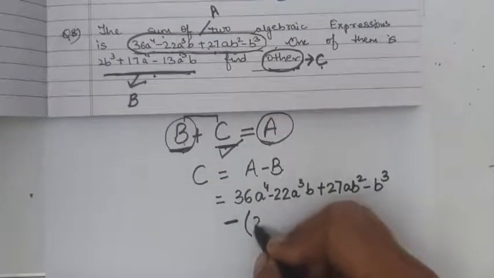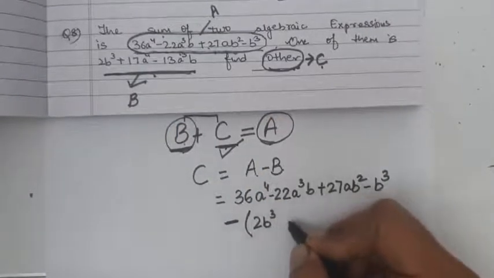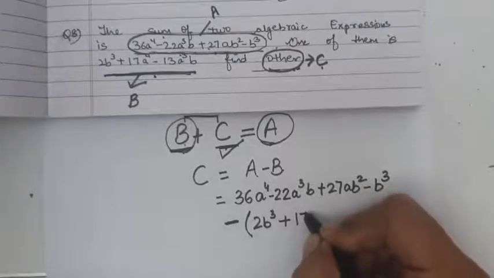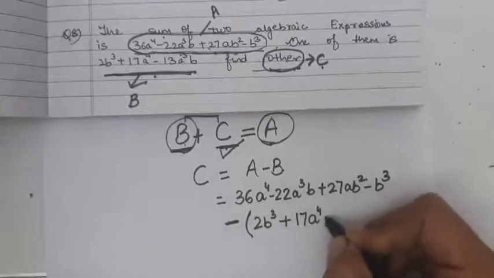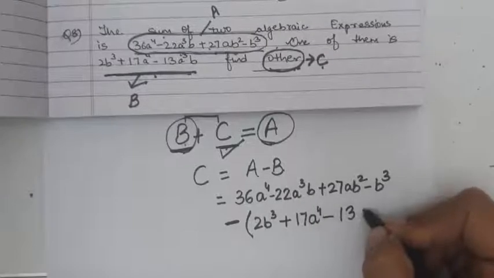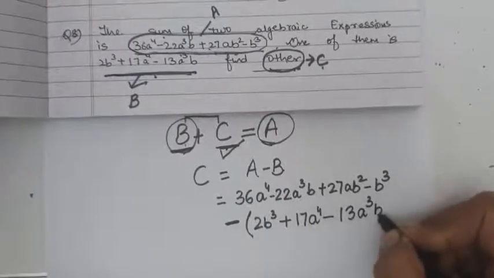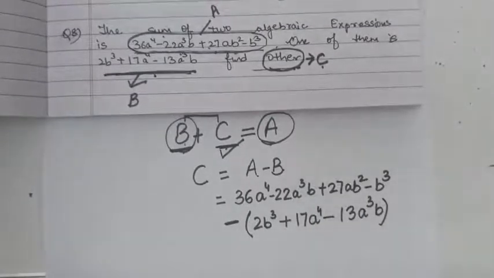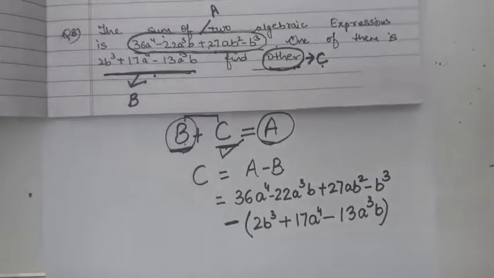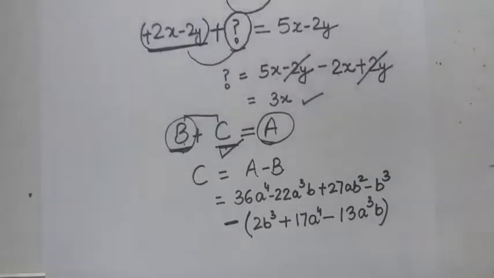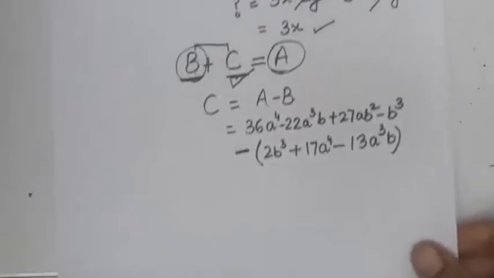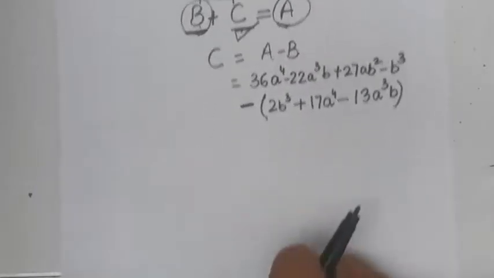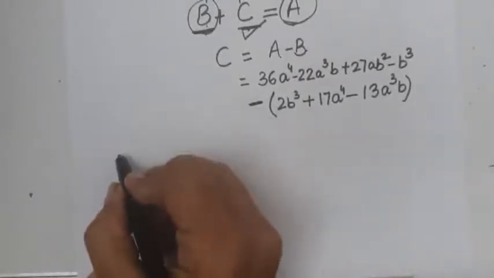Bracket 2b³ plus 17a⁴ minus 13a³b. Now you have put the values of A and B. Now let us solve this. Open the bracket.